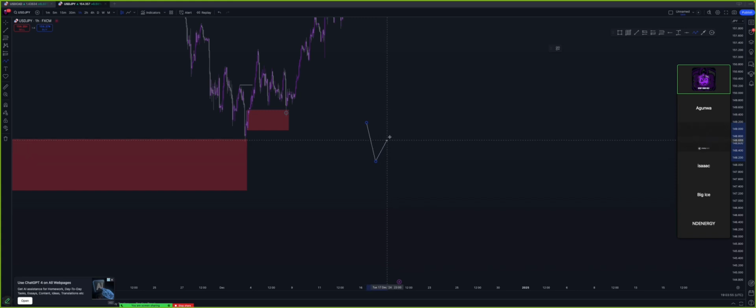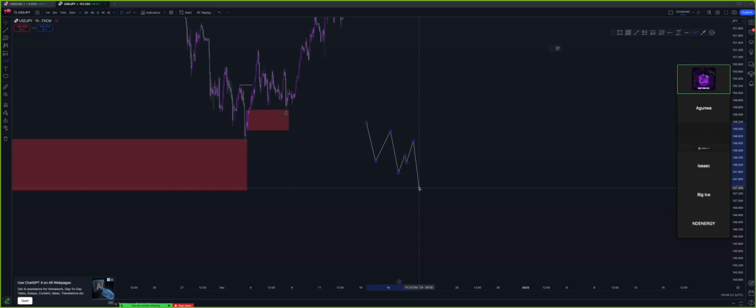The market created a high and then impulsed to the downside to create a low, right? When the market then continues to the downside, it gives us a break of structure, and then it pulls back to anticipate the downtrend again.